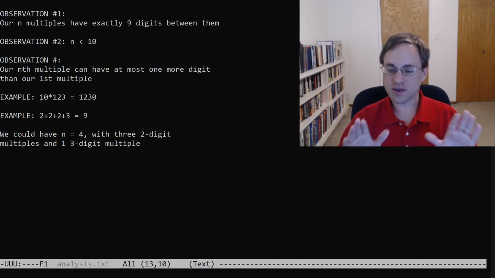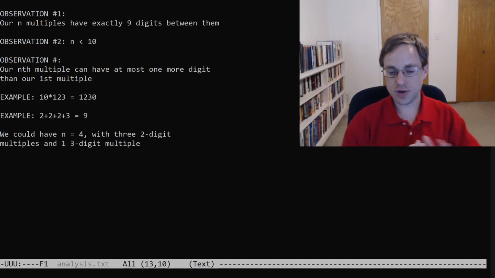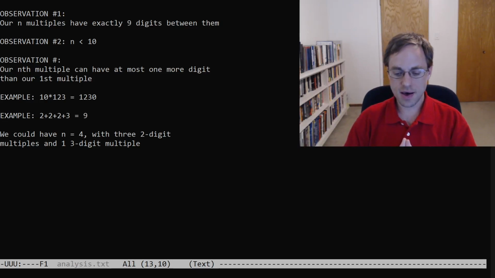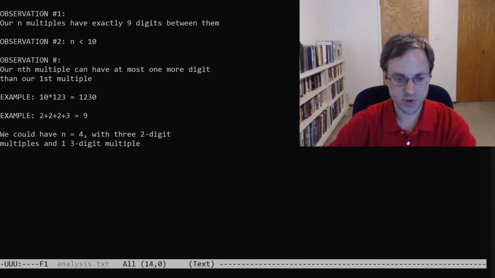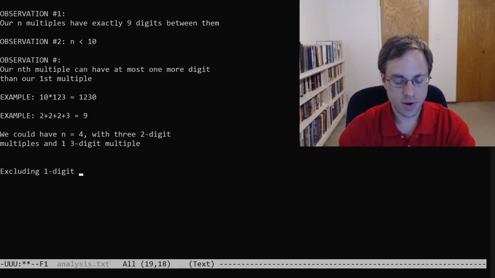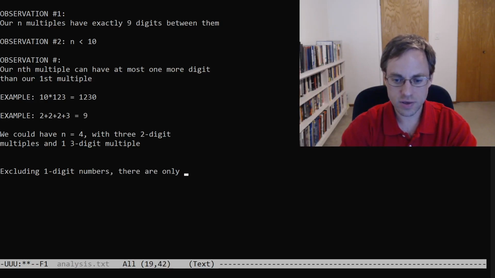Now it turns out that there actually aren't that many ways of doing this. If we exclude 1-digit possibilities for just a moment, because there are many of them, we'll see that there are only 3 possibilities.